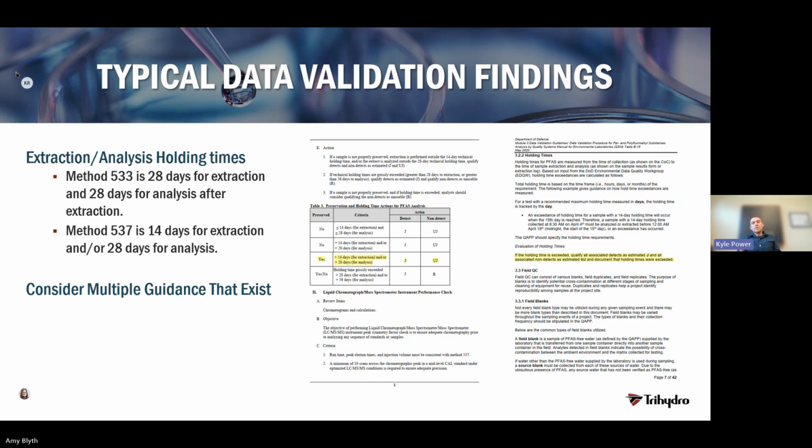These methods are slightly different when it comes to the guidance that's out there. If you miss the hold time, you're not immediately rejecting it, right? I have a couple of screenshots of some of the guidance that I found, the Department of Defense and method 537. If you are outside your extraction holding time or your analysis holding time, usually you're just qualifying the data as estimated.